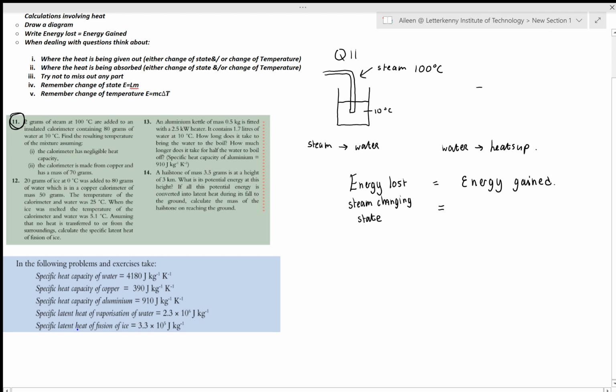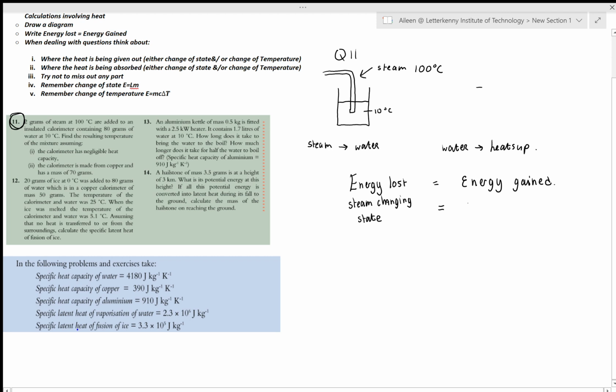And where is energy being gained? So this steam changing state loses energy, and as it loses all of that potential energy, all of that energy is given to the water and it heats it up.